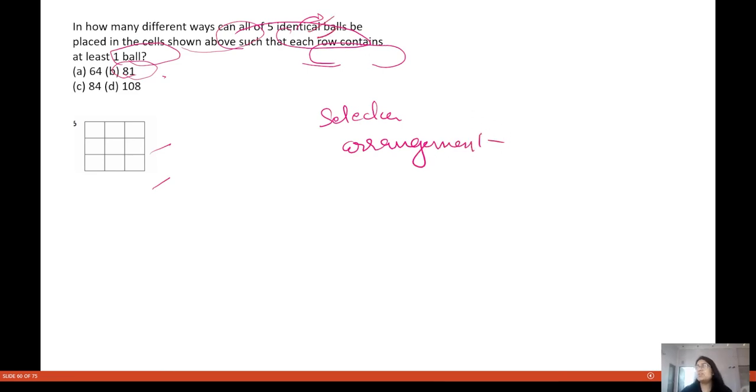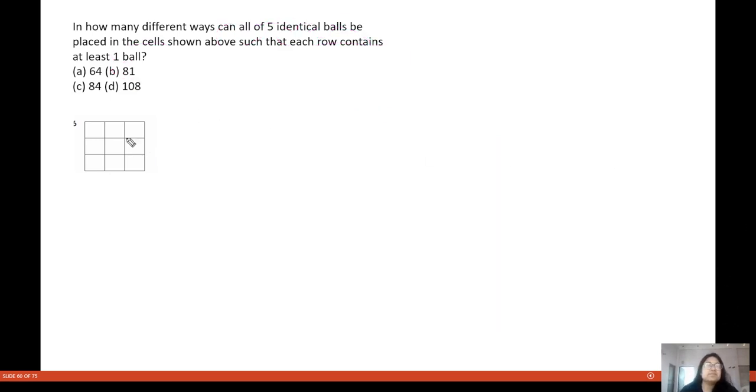When the word identical is given to you, arrangement is not important, because you keep anything anywhere, we don't care about that. So in how many ways can all of 5 identical balls be placed in the cells shown above, so that each row contains at least one ball?